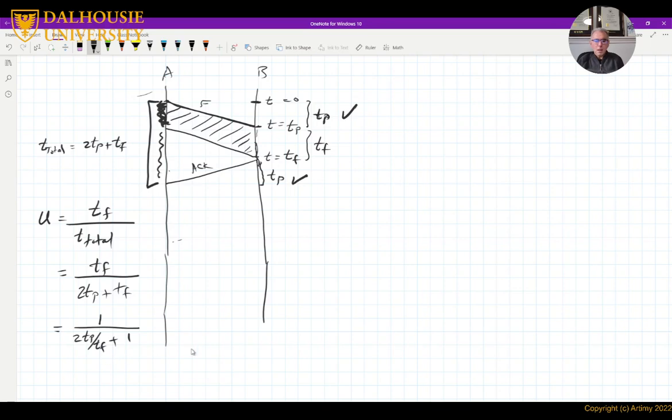Okay? If I replace this part, call it A, so A is TP over TF. So now the utilization is 1 over 2A plus 1, right? So that is my utilization for a stop and wait.